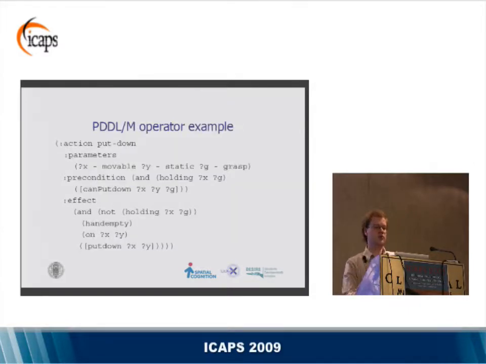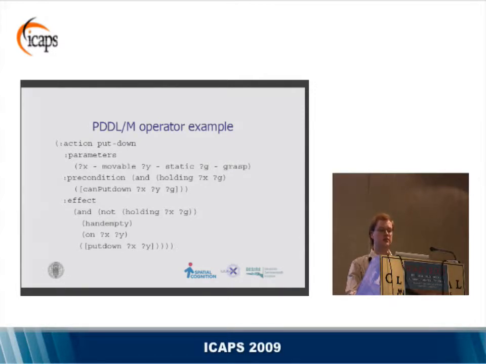This is how it looks in an operator. So basically this looks like a normal PDDL operator. You have the parameters, and then there's a precondition which has a normal symbolic predicate holding. And then there's added to this another predicate, and this is can put down.